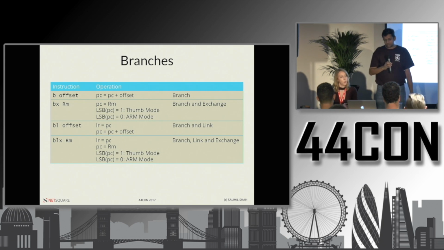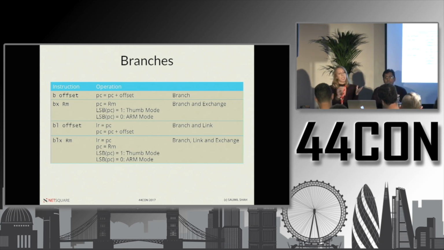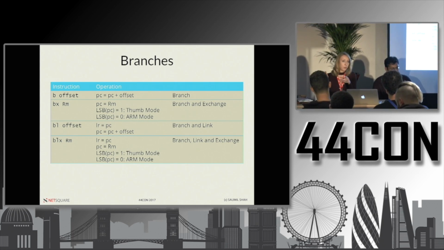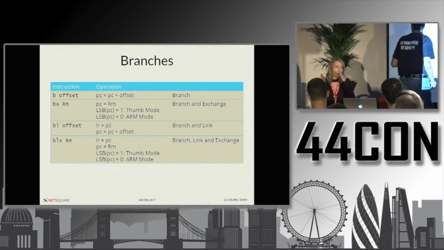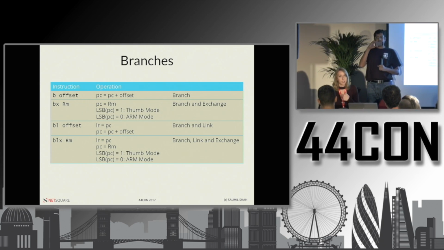Right, so we will see an example of that, but in theory, how this will look is that we need to branch and exchange to something, and we will branch and exchange to a register. However, in that register, we will first put PC plus 1, the least significant bit.